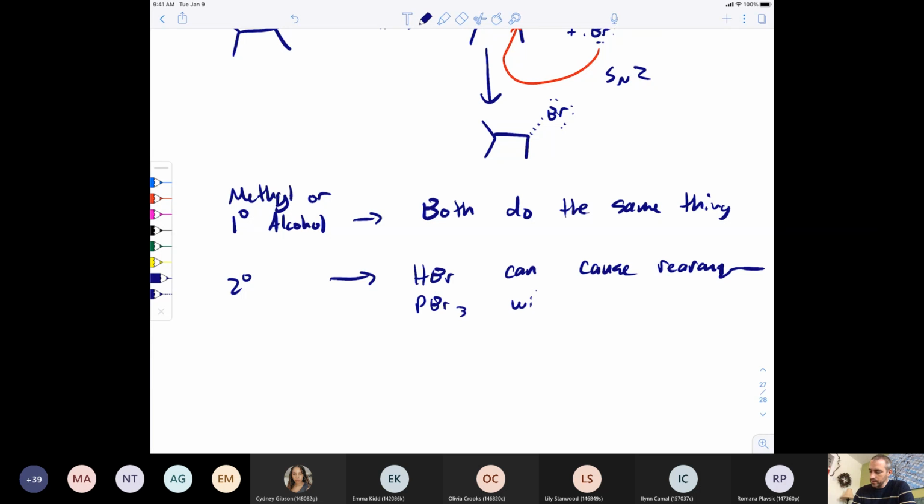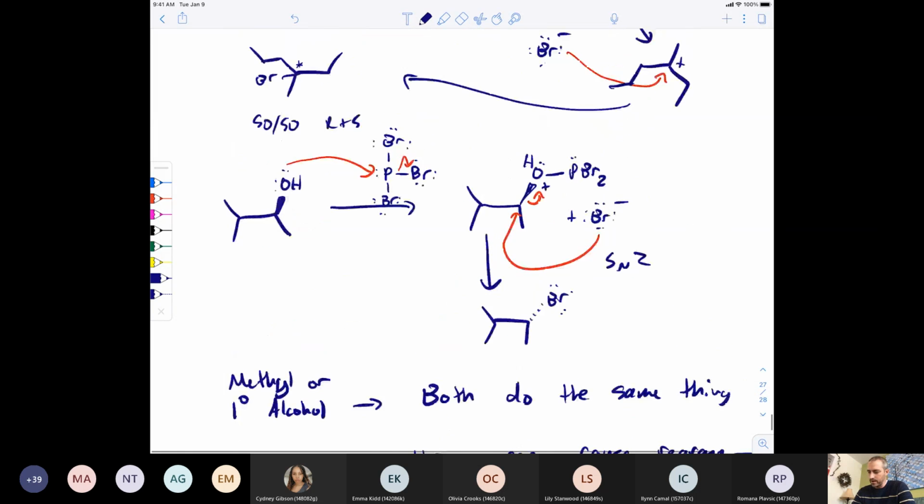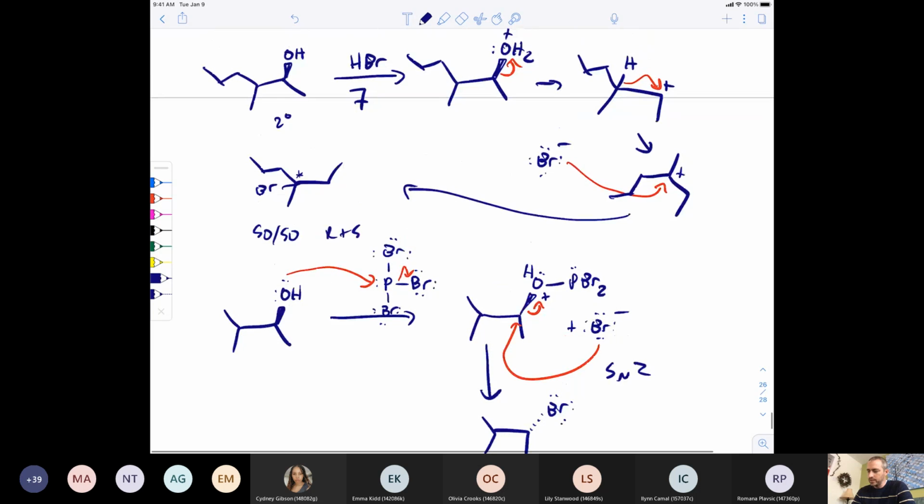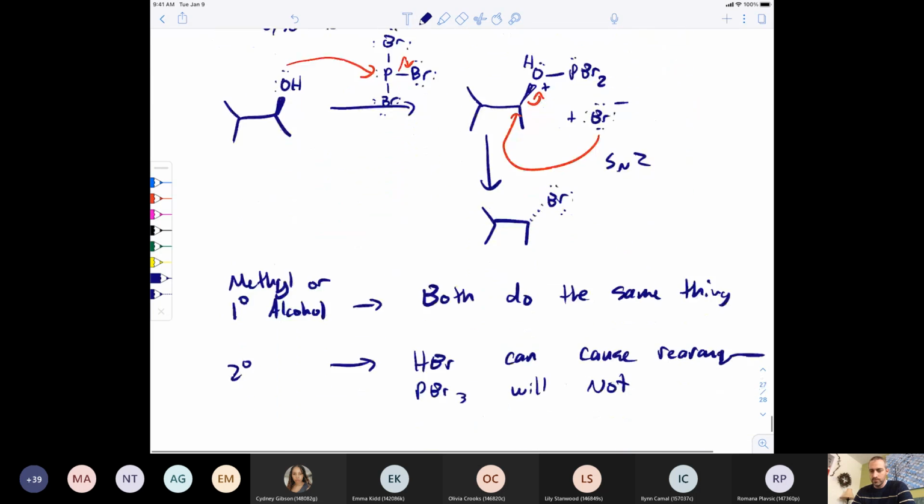PBr3 will not. So PBr3 is the option to use there if you want to avoid a rearrangement. I would approach this like you would have in Unit 7 with HBr. Is there a rearrangement? The answer is yes, and you don't want the rearrangement. PBr3 is the way to go. Like this example right here that we did above, HBr gives a rearrangement and PBr3 does not.